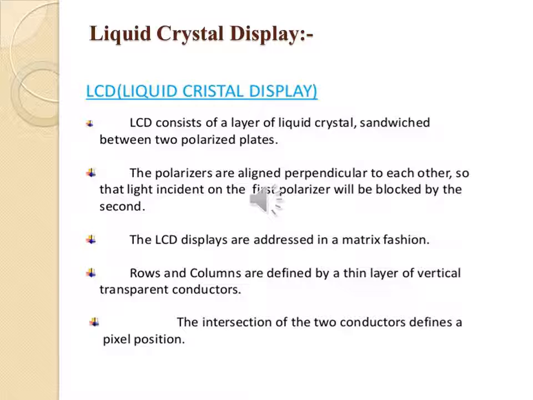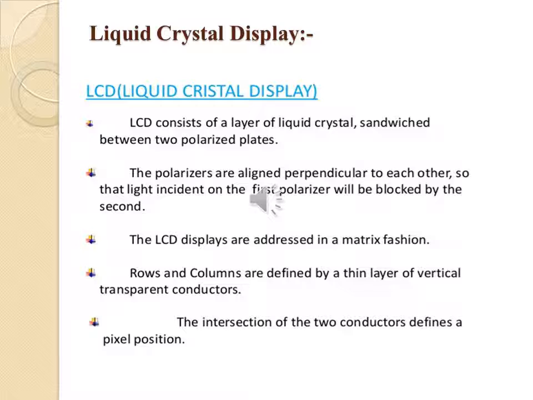In the previous slide I said they are divided into two parts. Now let's see the liquid crystal display, that is the LCD. LCD consists of a layer of liquid crystal sandwiched between two polarized plates.